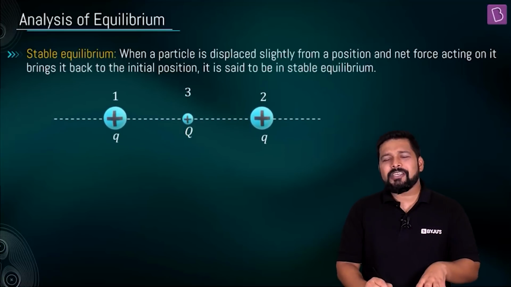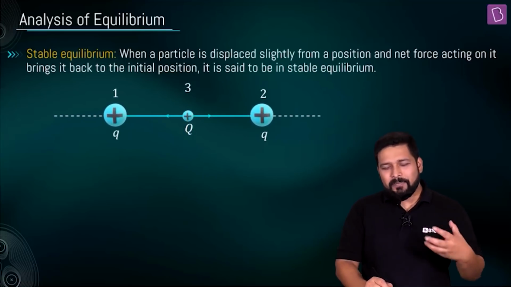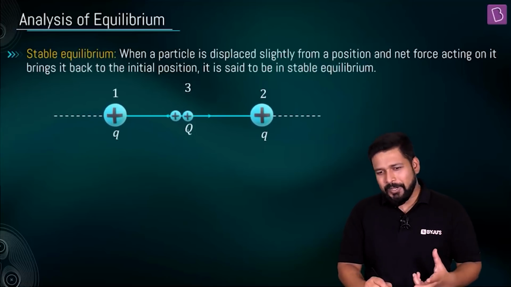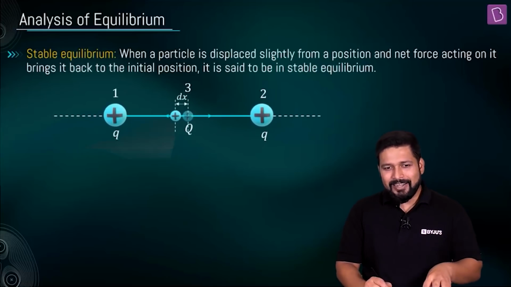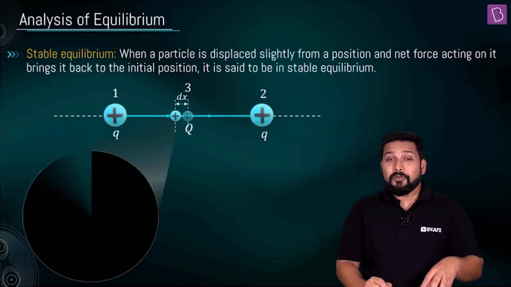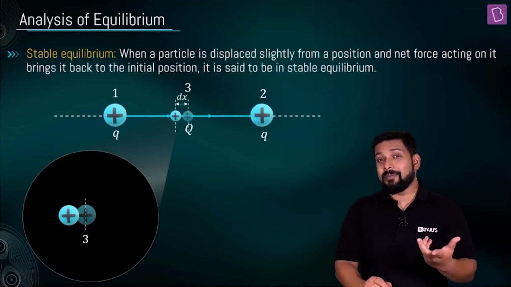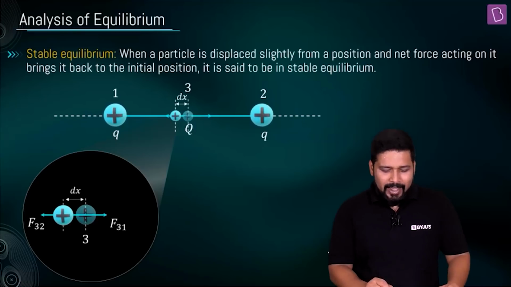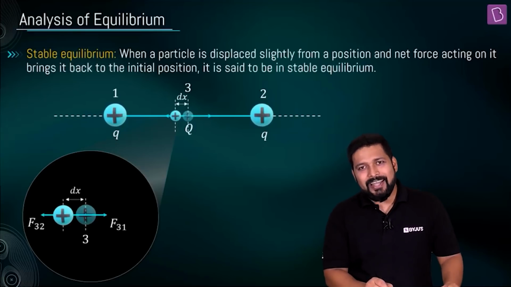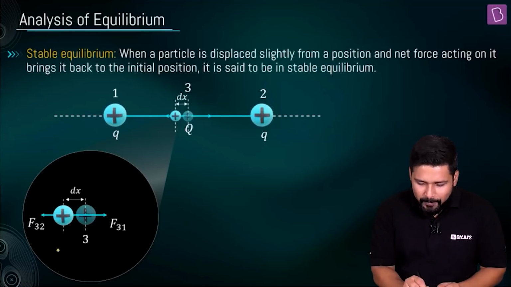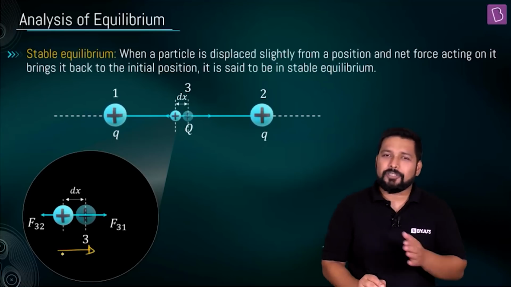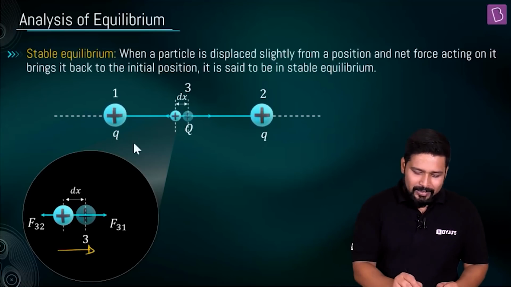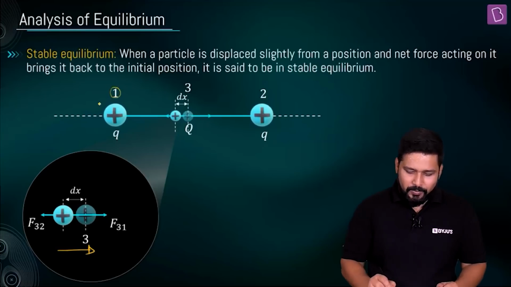Understand this demonstration, because it might be asked as a question, it might be asked as a concept. We might have to use this in a particular problem, we never know. So let's say you displace it slightly, now you can analyze the forces, and you know the net force will be towards this direction if you shift it slightly towards the charge present at 1.